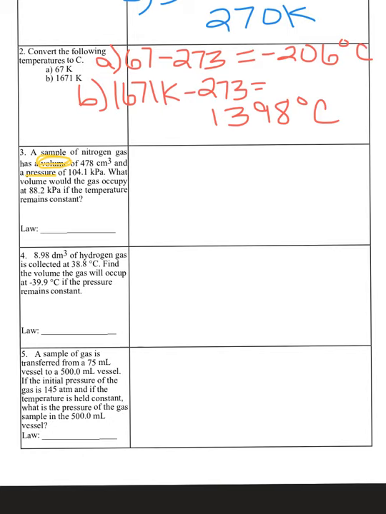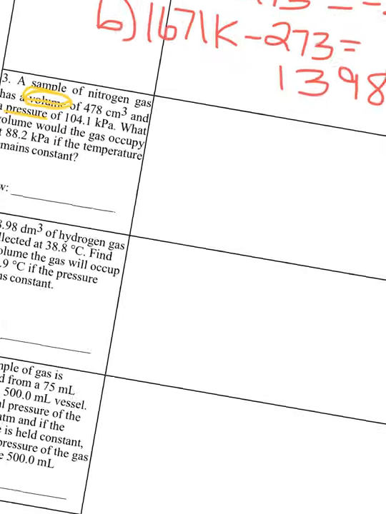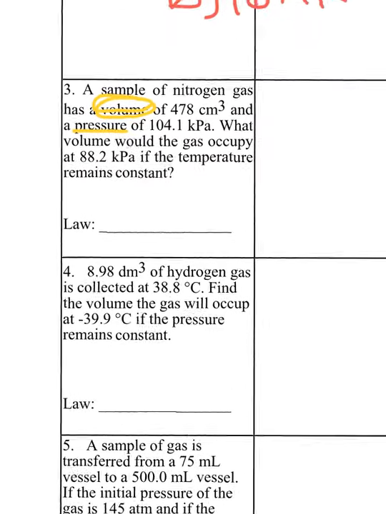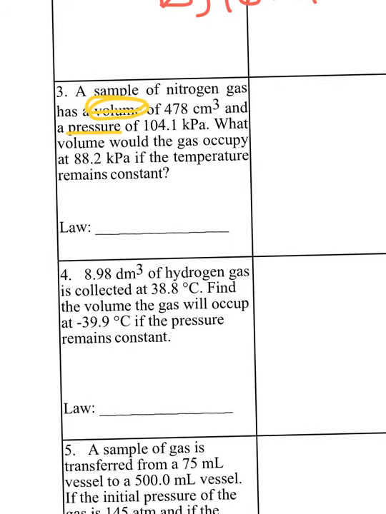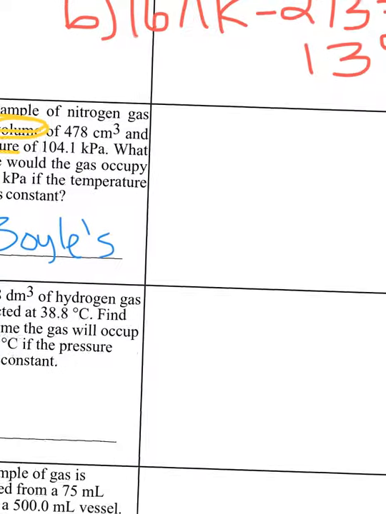What volume would the gas occupy at 88.2 kilopascals if the temperature remains constant? So we're dealing with volume and pressure. The easy way to do this is to look at your gas laws and figure out which one deals with volume and pressure. That one is Boyle's law. That one's simple.